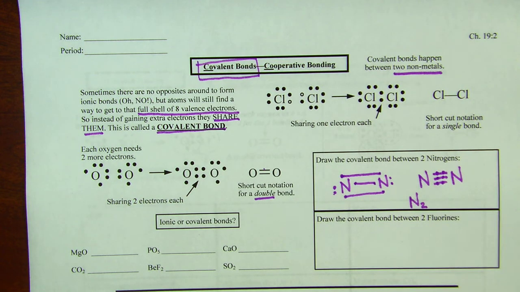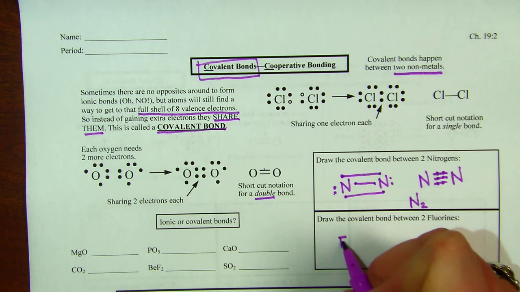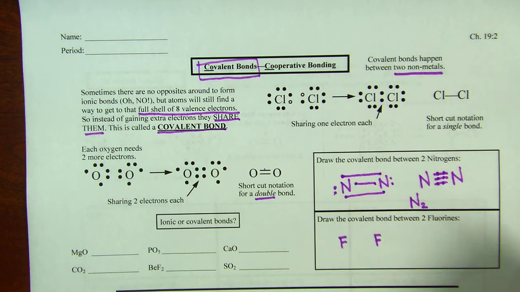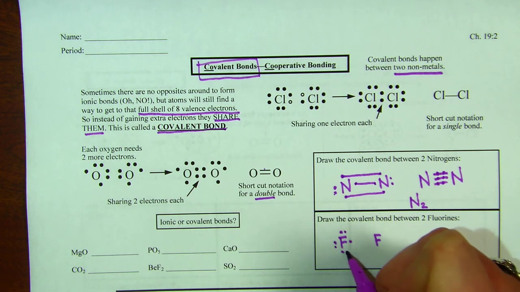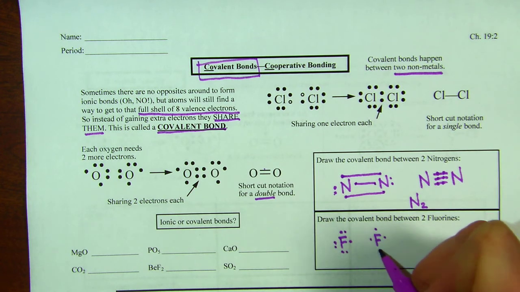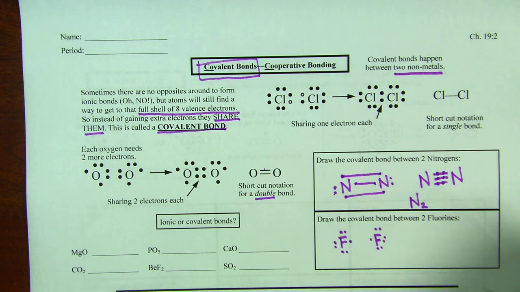Let's draw for fluorine. Again, the first thing that we would do is draw our Lewis dot structures. Fluorine has 7 valence electrons. So they have 7 each.